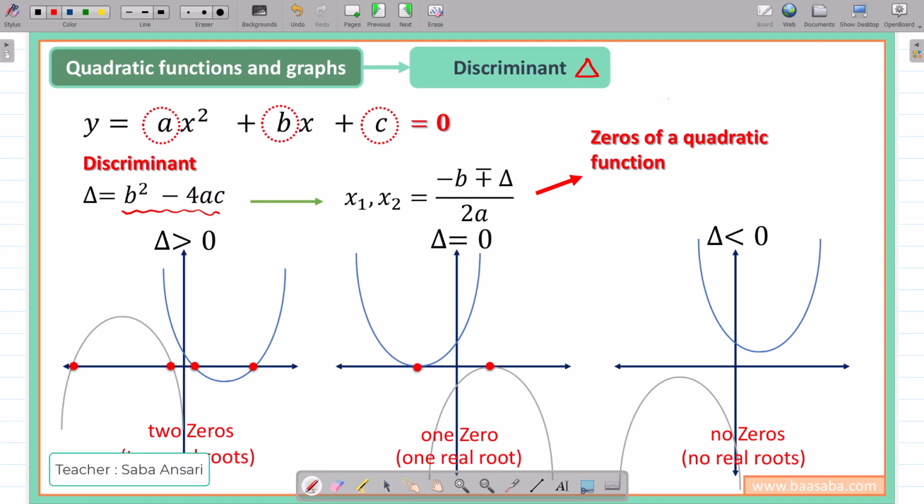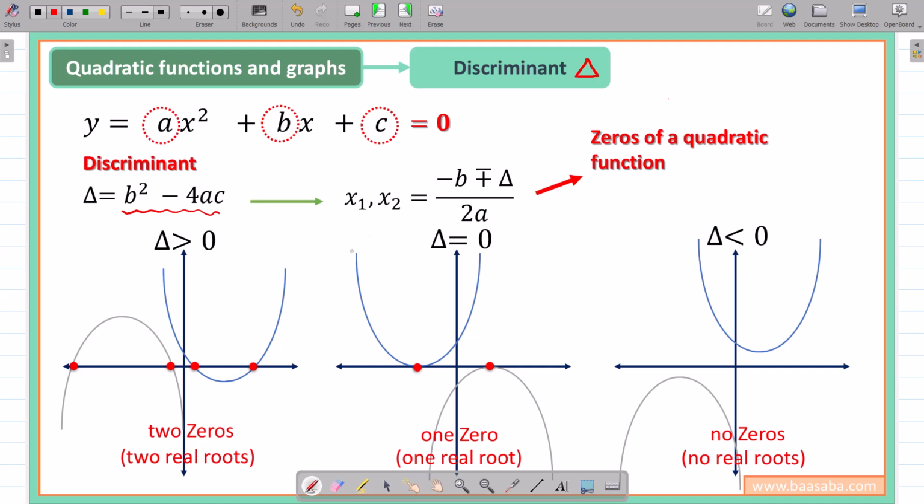About figuring out the zeros of a quadratic function, we're going to discuss it in detail in other videos on solving quadratic equations. But here's a quick scan of it. When we make our whole function equal to 0 and find the zeros by finding the discriminant, we can know the exact number of zeros of the function.